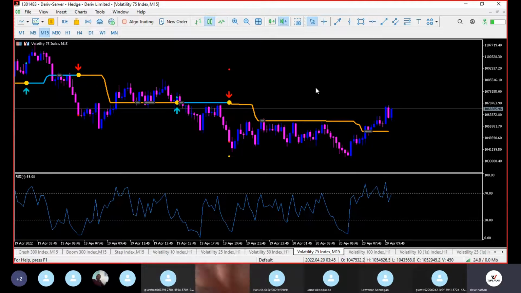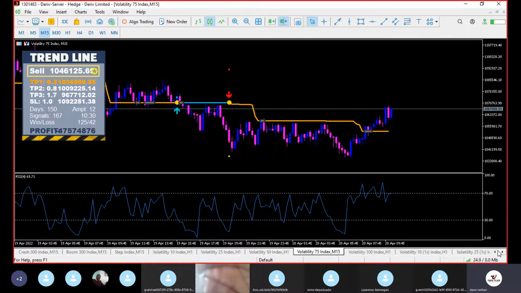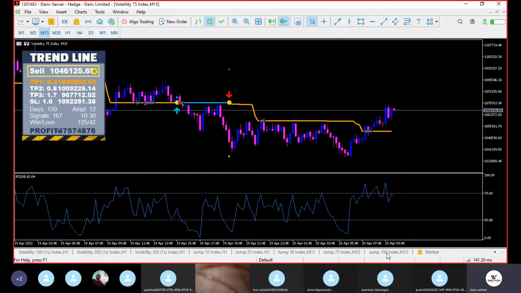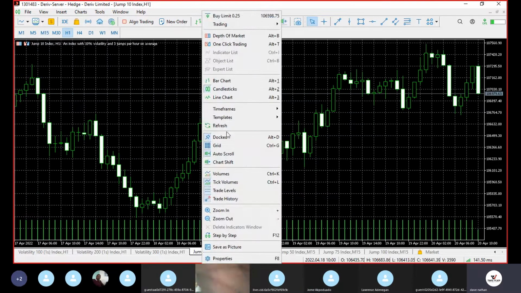Should we look at any jump indices? You can mention any jump index of your choice so that we could just look at it. Something. Jump 10. All right, thank you. Jump 10. Where are you? All right.